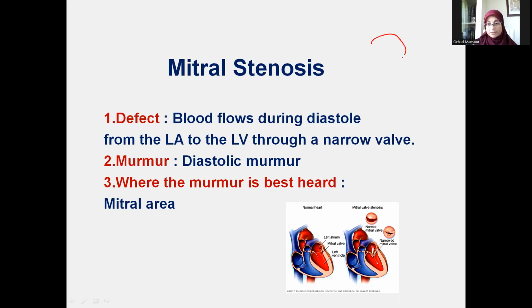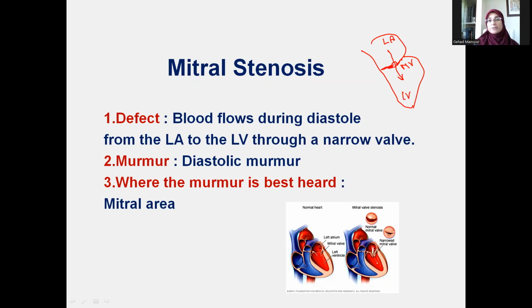So if this is the left atrium, and that is the left ventricle, and you have a stenotic mitral valve, then there will be difficulty for the blood passing from the left atrium to the left ventricle.